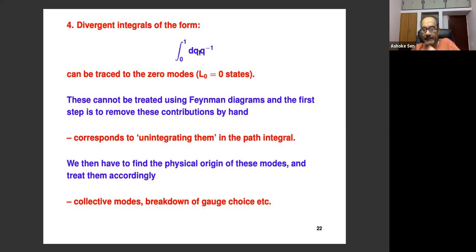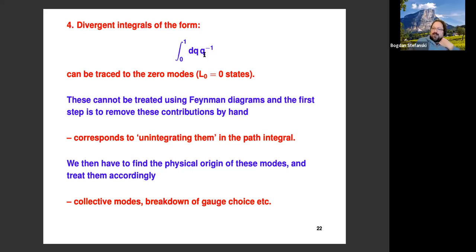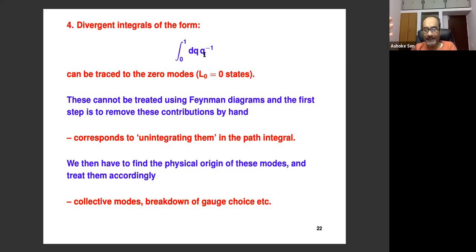So the idea is that you fix a particular version of string field theory, make this change of variables, and carry out this procedure. Then you will find that the individual expressions will depend on the particular string field theory you have used. But at the end, the physical results shouldn't depend on what version of string field theory you have used.